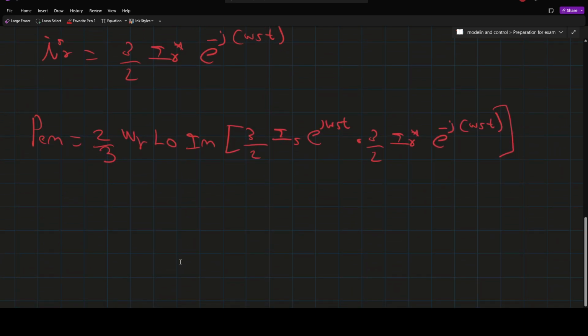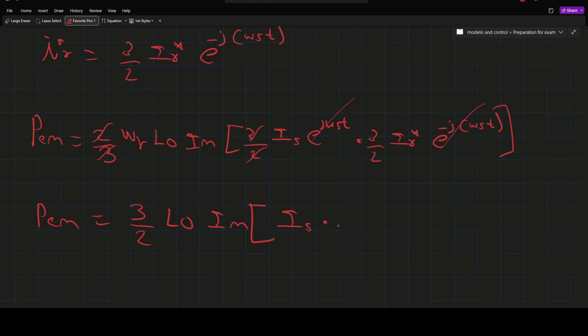So here we have plus omega st minus omega st, so this will go to 1. This can go with this, and this can go with this. So we have PEM equals, I'm just gonna move this out, half, and the imaginary part of the multiplication of is times ir conjugated.